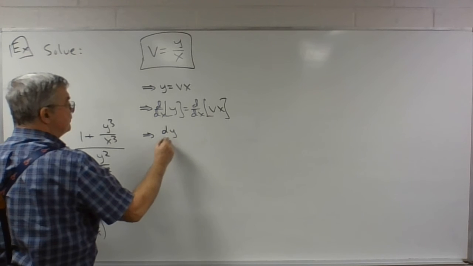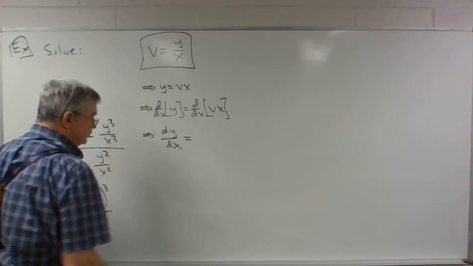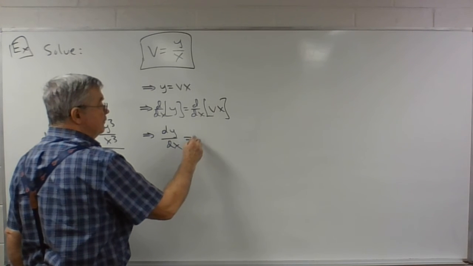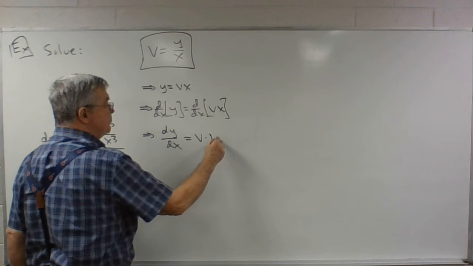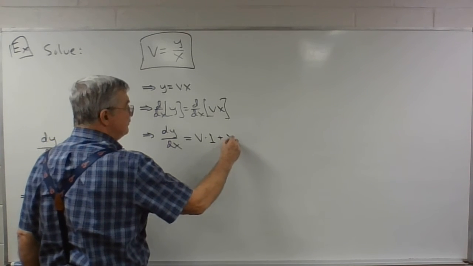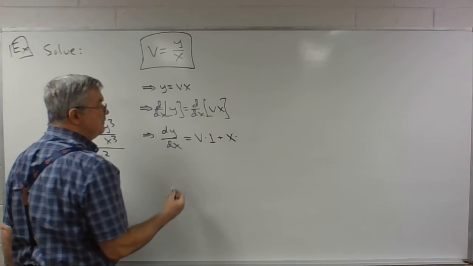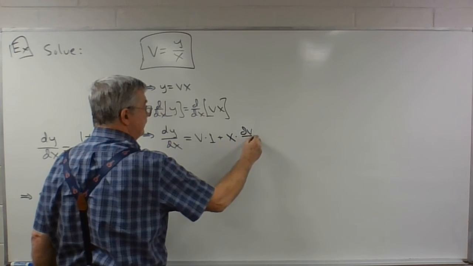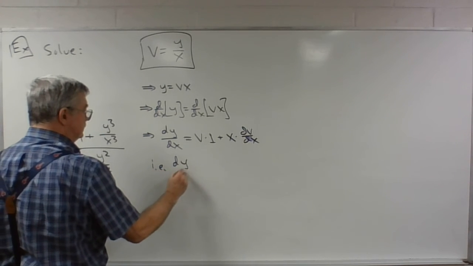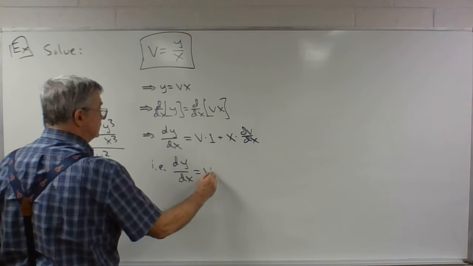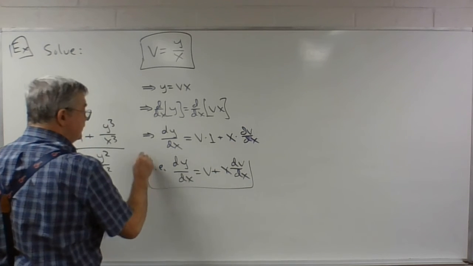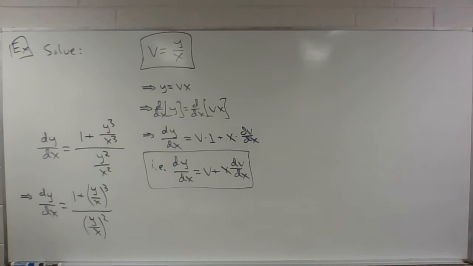Dy dx, and remember, this is a product. So we'll get the first times derivative of the second, plus the second times derivative of the first, and there's our substitution for dy dx.